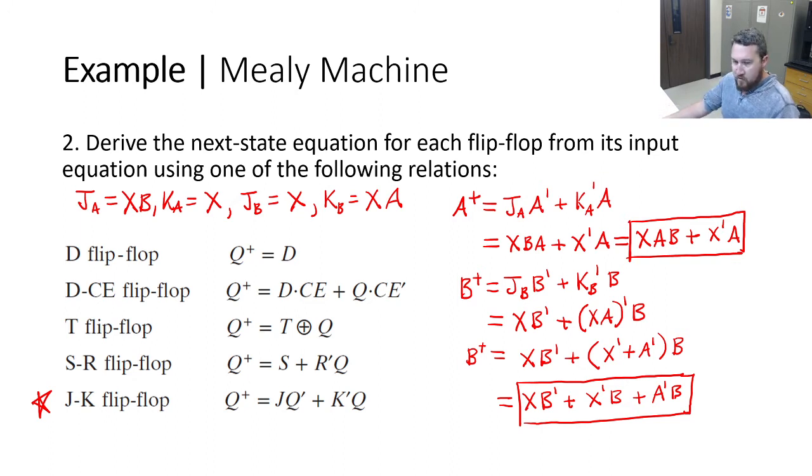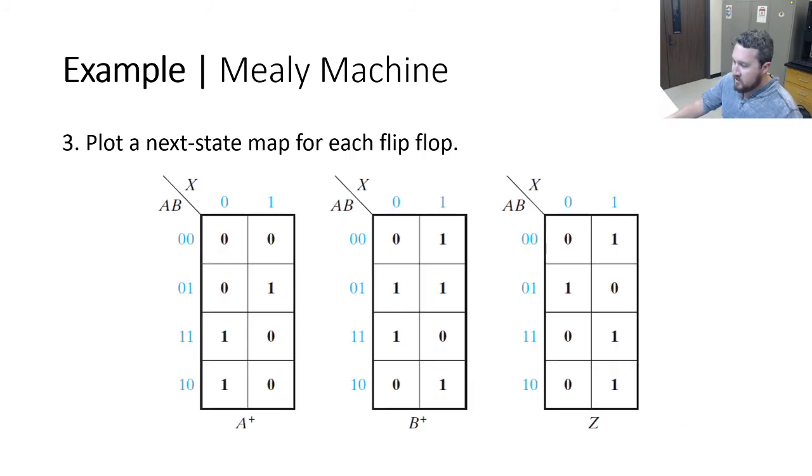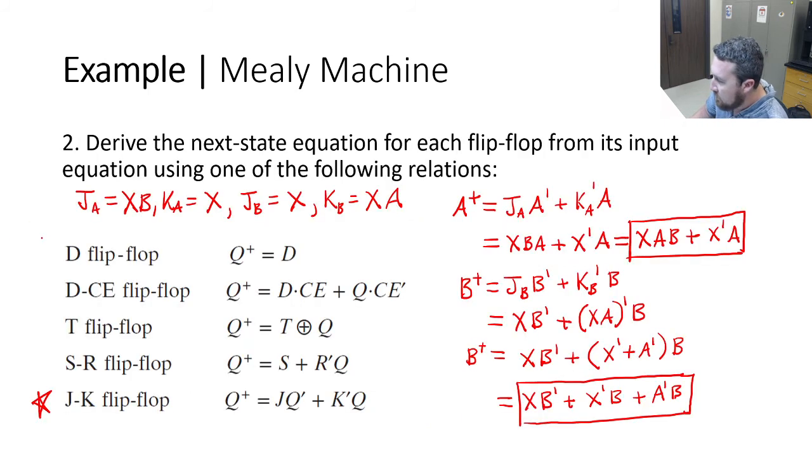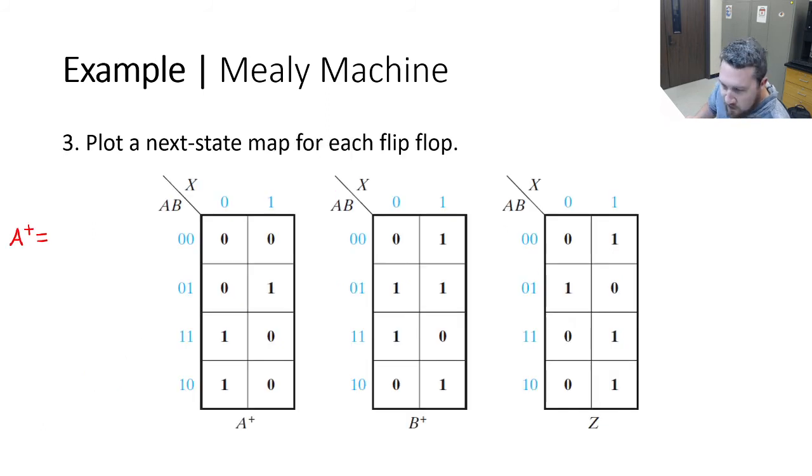All right, step 3, plot each of these on a map. So let me go ahead and write these equations out one more time. I got A plus is equal to XAB, or X prime A. I've got B plus is equal to this whole big long thing.